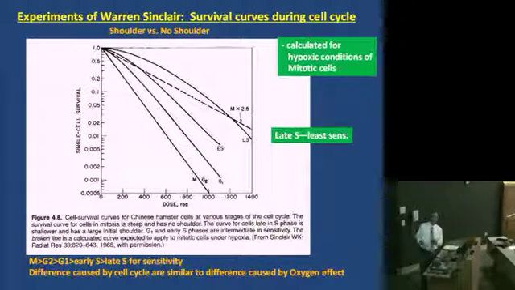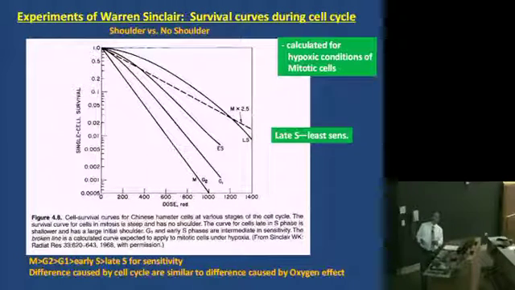Again, radiation is the most effective in the mitotic phase of the cell cycle and least effective in the late S phase of the cell cycle, while the G1 and early S phases of the cell cycle are kind of intermediate. What's interesting is radiation is also very effective when the cells are oxygenated.